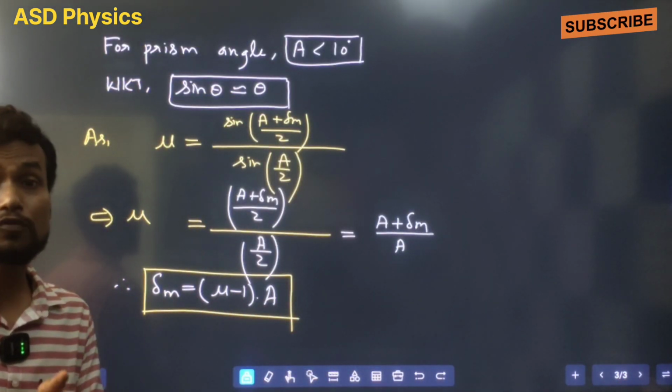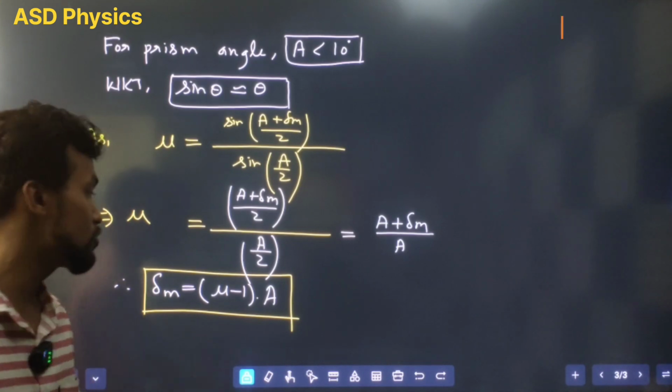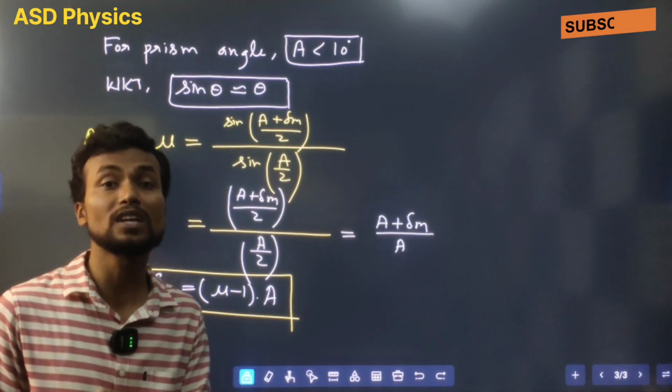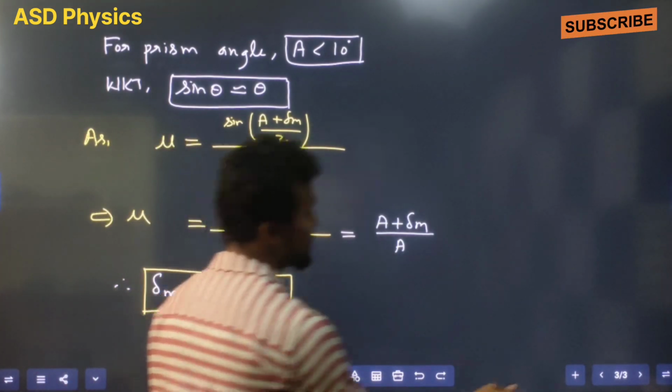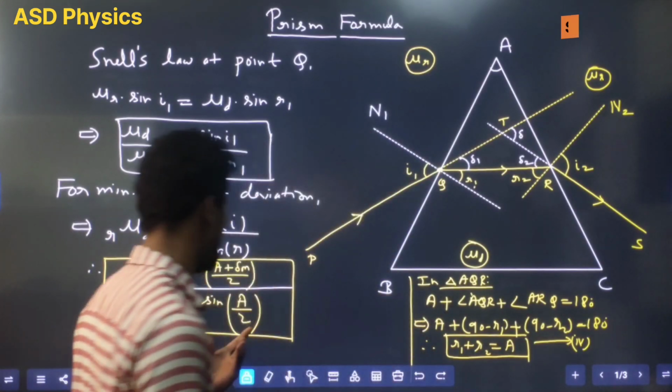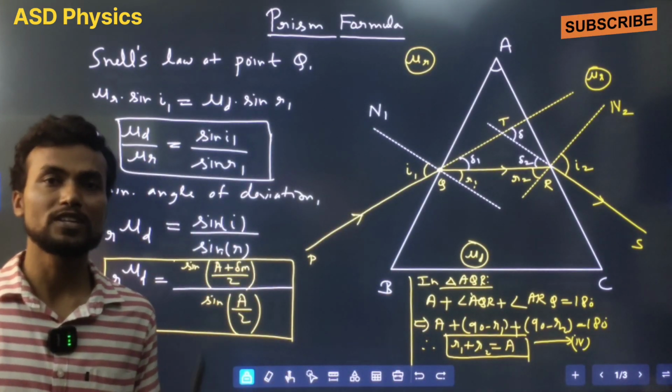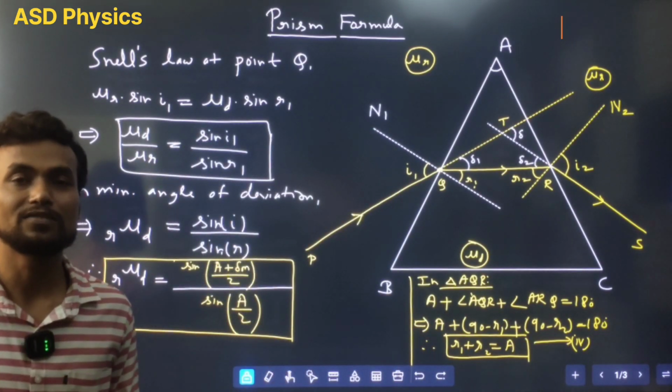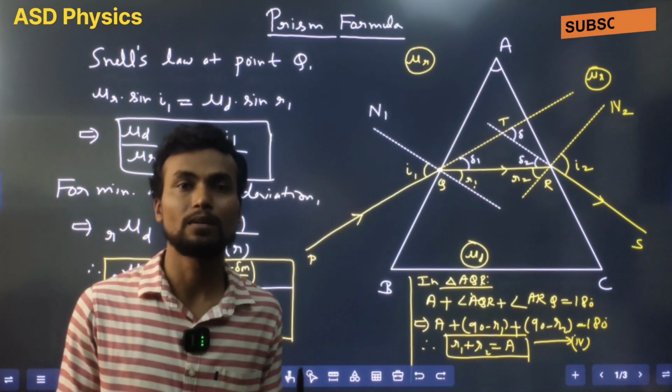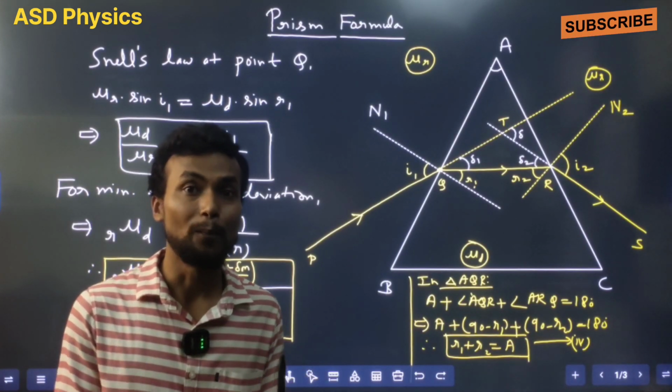Please be very careful. Only when the angle is very small will you use this formula; otherwise you will use the sine formula that I have done here. I hope this derivation is now very clear to you. Study it very well, because it regularly comes in the board exam.